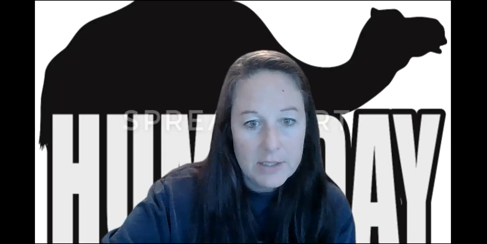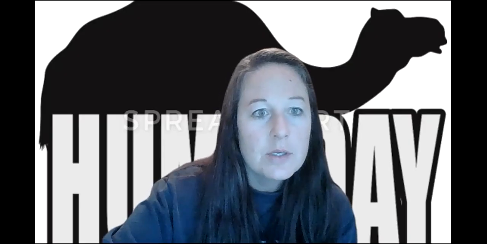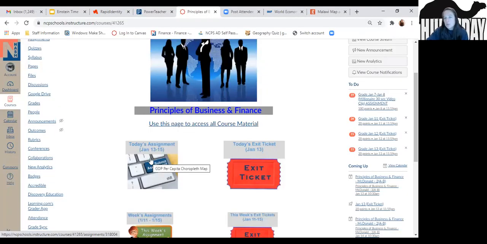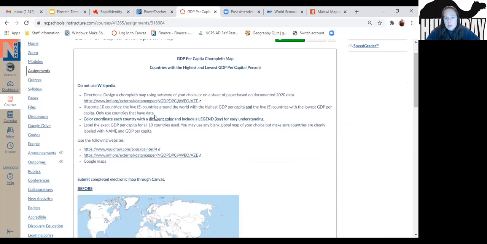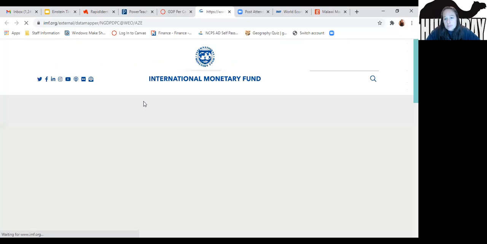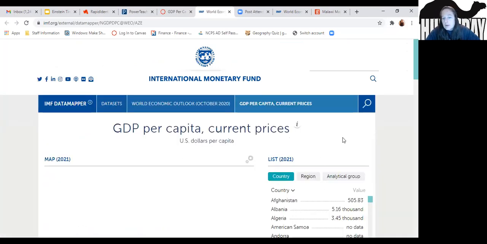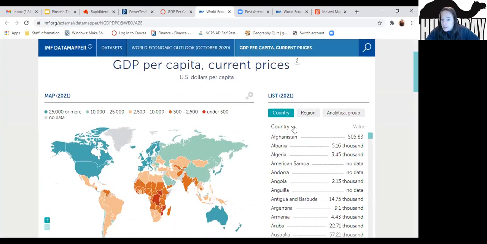I will make sure that I go into your new activity, which is in Canvas. Today's assignment, January 13th through the 15th: you're going to design a choropleth map based on GDP per capita. You're going to use the website that I gave you. Over here on the right, you've got your countries.